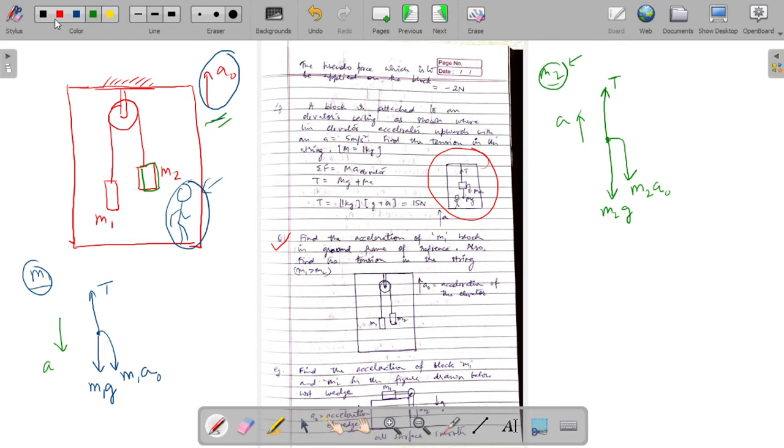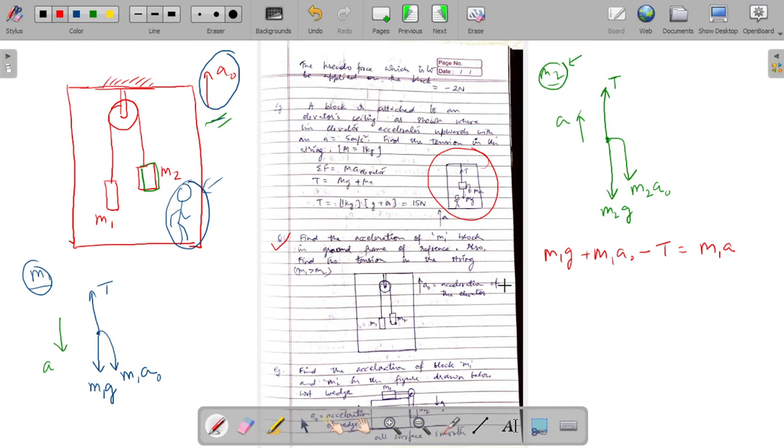So again, writing Newton's laws equations for mass m1 and m2. For m1 we would get the downward force m1g plus m1 a naught minus the upward force, that is tension, should give us the acceleration for mass m1 in downward direction, which we have taken as a.